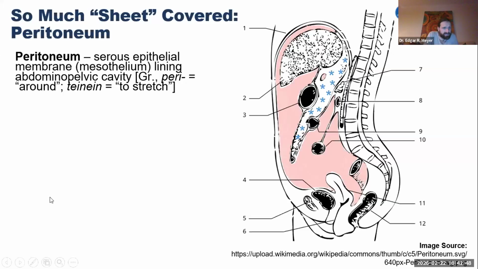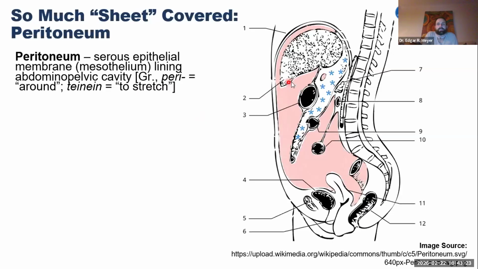So the peritoneum is this serous membrane, also known as a mesothelium, which lines our abdominopelvic cavity. If we look at the etymology of this term, peritoneum comes from the Greek peri, which means around, and teinein, the verb which means to stretch. So you can think of the peritoneum as a membrane that forms a sac.